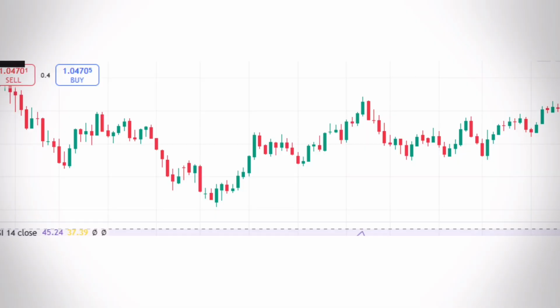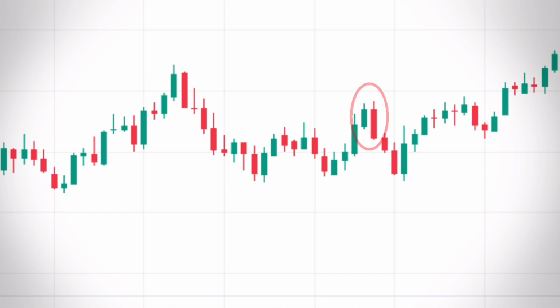Keep in mind that a bearish engulfing candlestick pattern is more significant when it appears after a significant uptrend. This indicates that the bullish momentum is fading away and there's a potential bearish reversal in play. A bearish engulfing pattern indicates that a bullish trend may be losing strength and a bearish reversal could be starting.